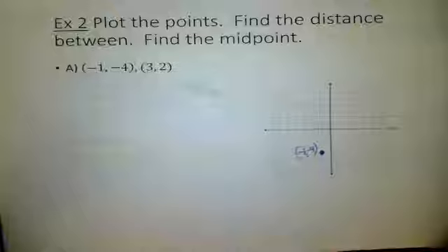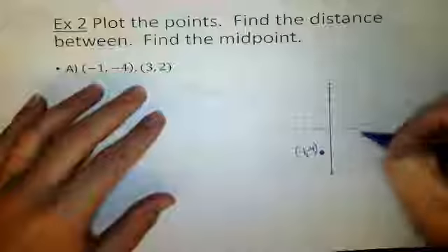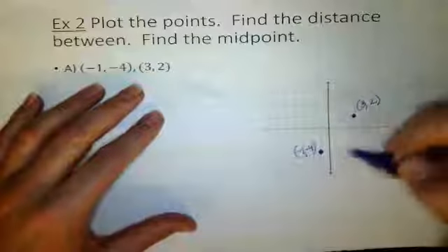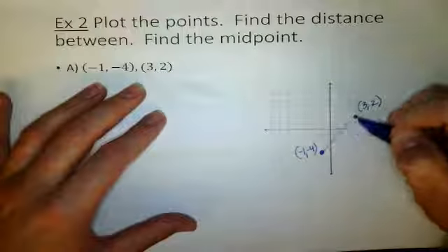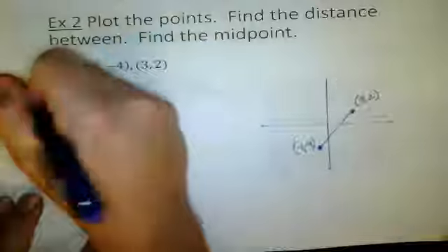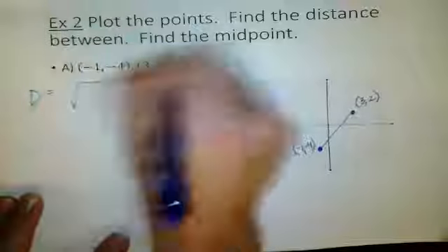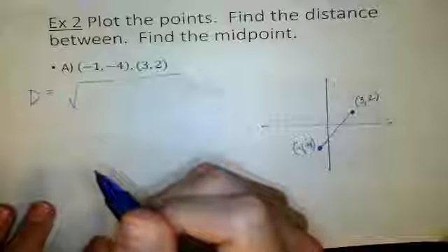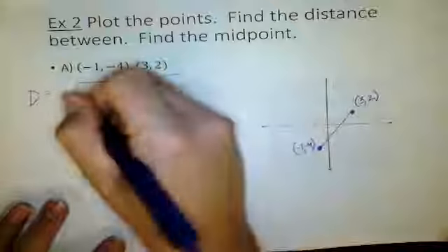No one can argue against you. 3, 2: plot it, label it, and that's it. We want to find the distance between the points and the midpoint of the line segment. First I'm going to do big D, big giant square root. What are we subtracting?